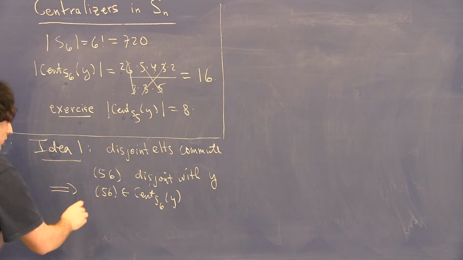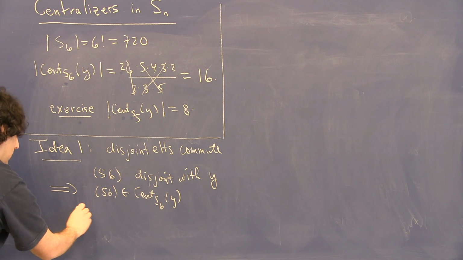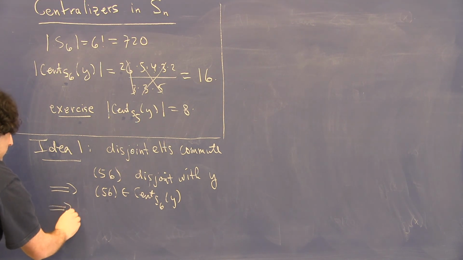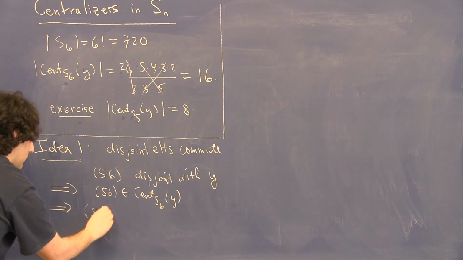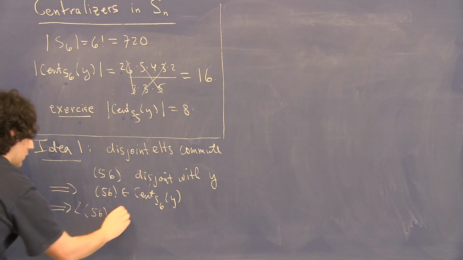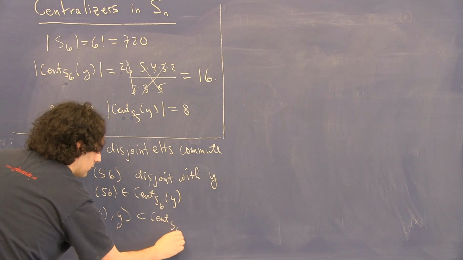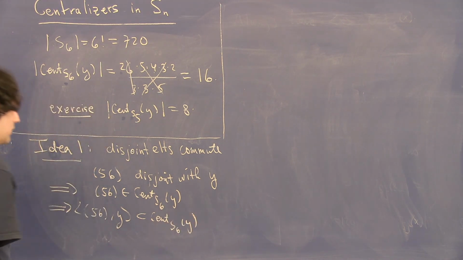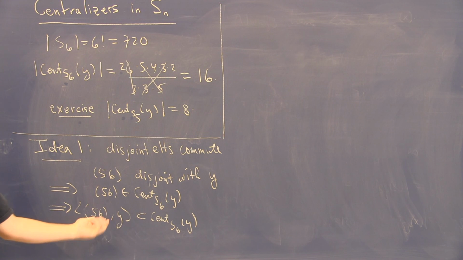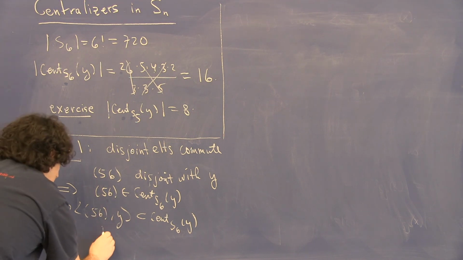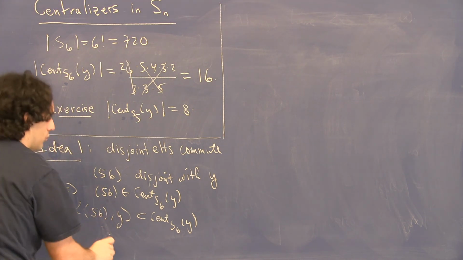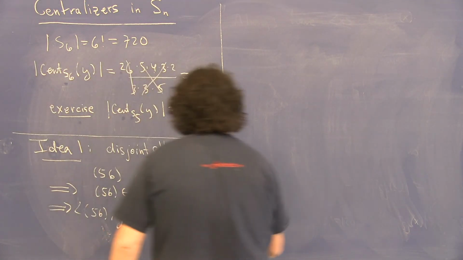Okay, good. So once we know this, then we know, in fact, that the subgroup generated by (5 6) and y is contained in the centralizer. Because they commute and they both have order 2, this group is isomorphic to, let's write it over here.